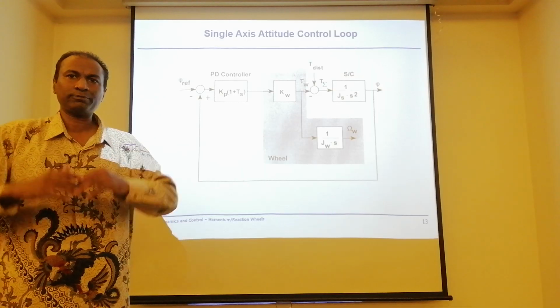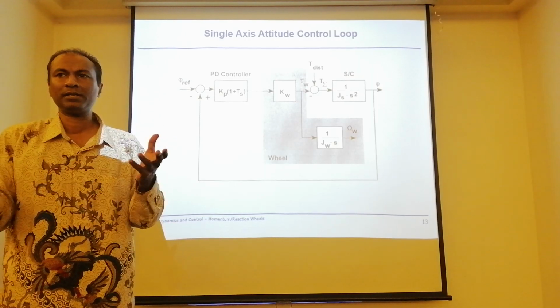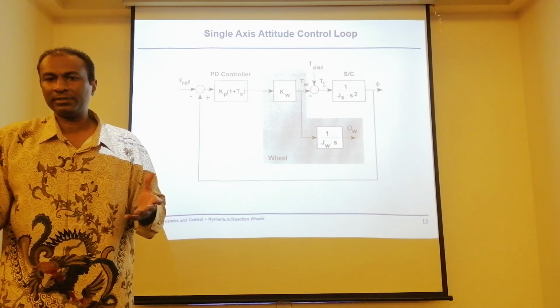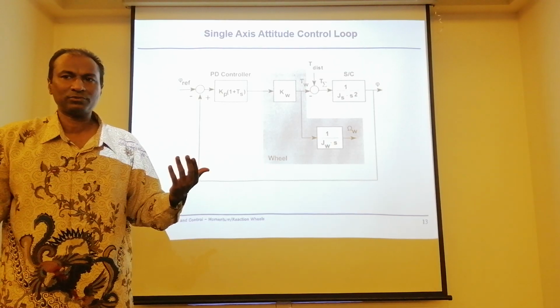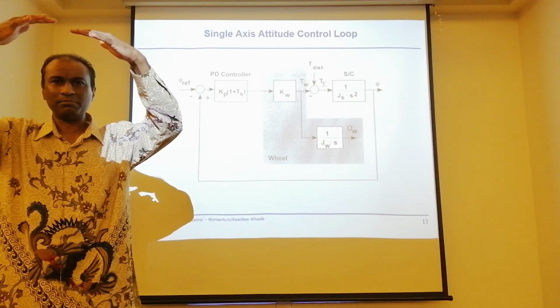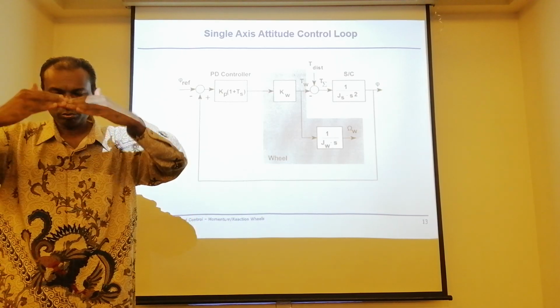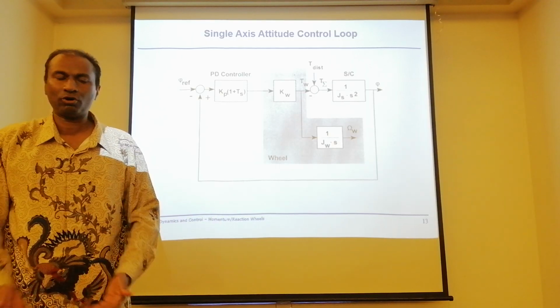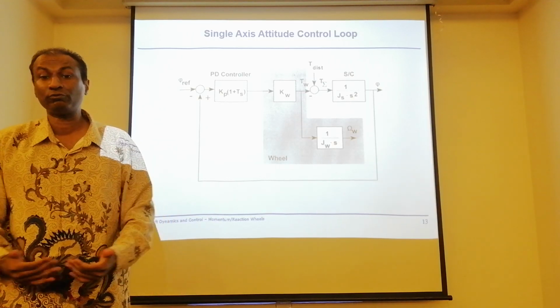So you produce torque up to one end, because the wheel has a maximum speed. Let's say 5000 RPM maximum. After that, you can't speed it up. So what you have to do is bring the speed back to maybe nominal, let's say 1000 RPM or even 200 RPM. You have to bring it back.